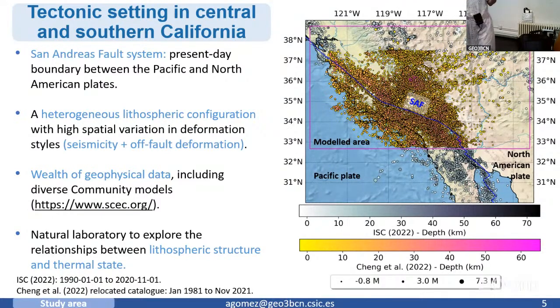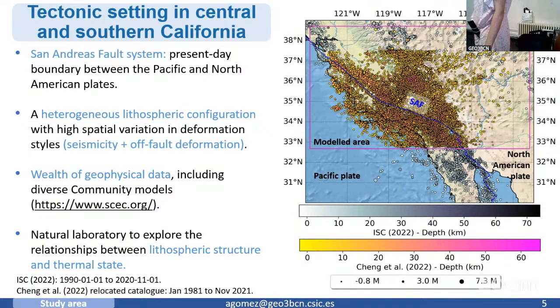In order to explore all these variables that I've been describing before, I wanted to focus on Central and Southern California, where the San Andreas fault, here in this blue line, represents the present-day boundary between the Pacific and North American plates.